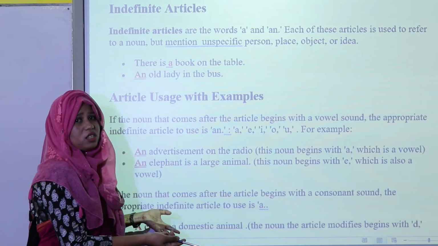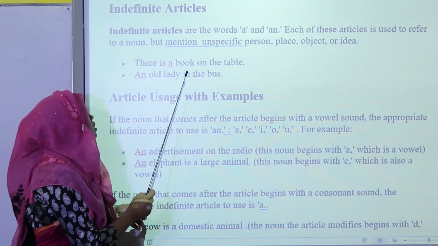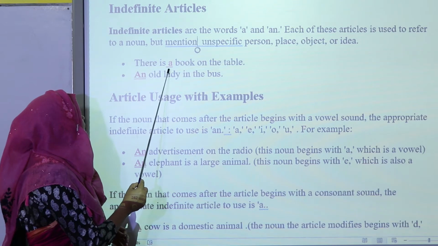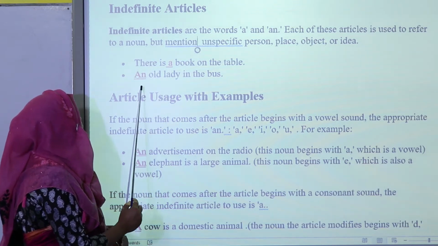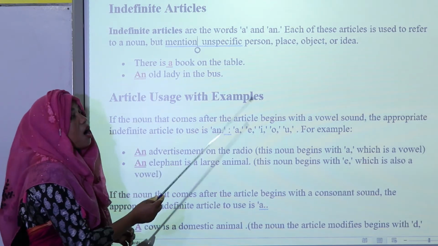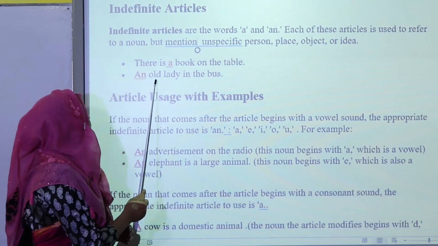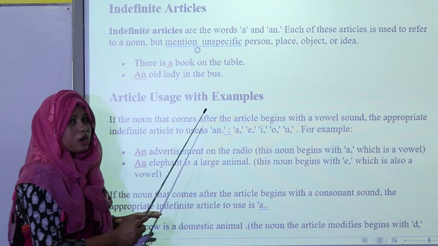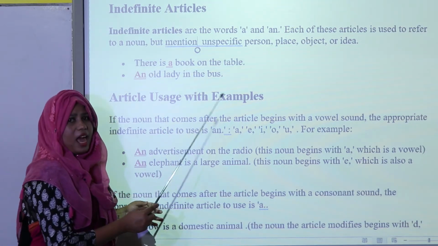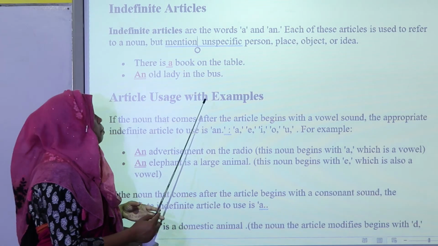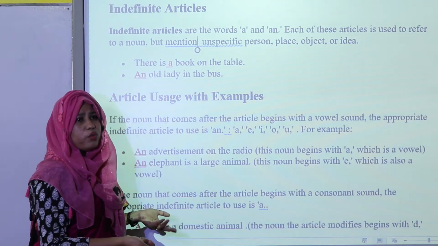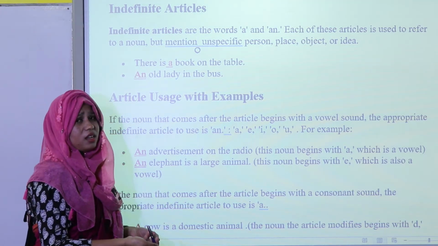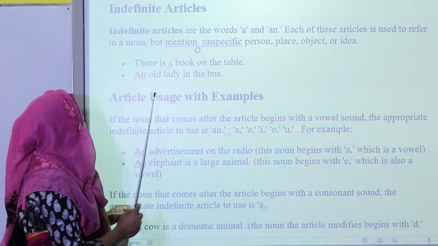There is no direct mention, because the noun book is unspecified. That's why we use a here. Another is an old lady on the bus. Lady is a noun and before that we use an, because there are many old ladies in the world. Which one? It is not directly identified. That's why I use an here.